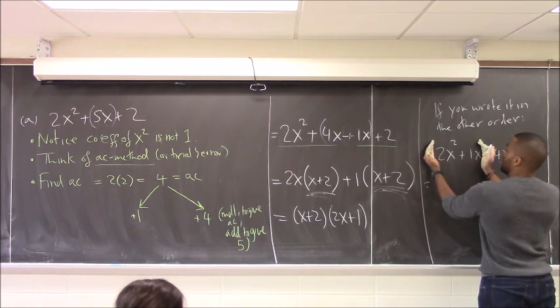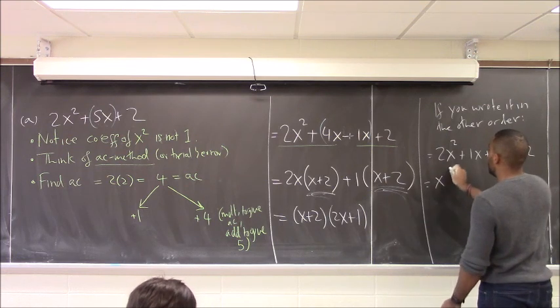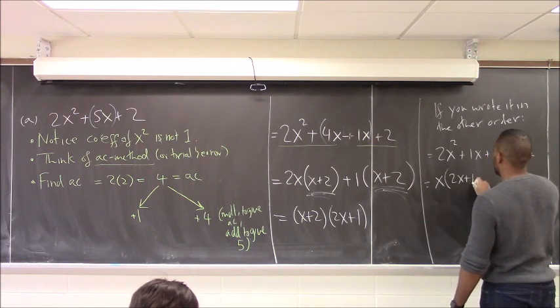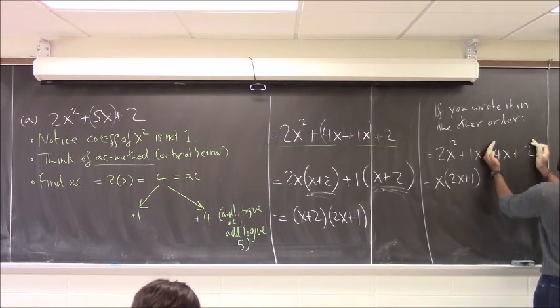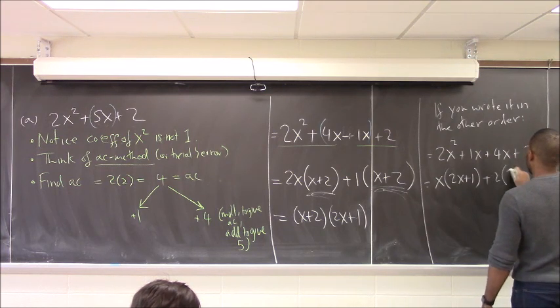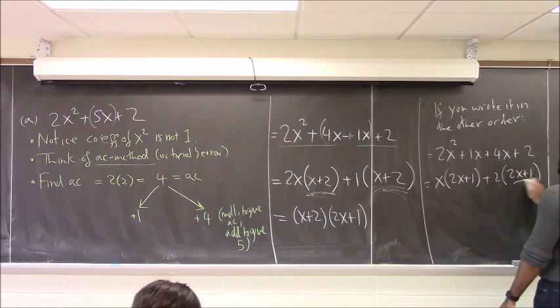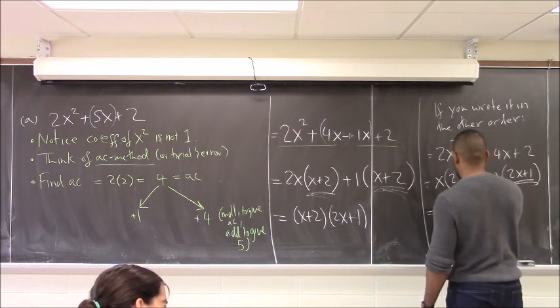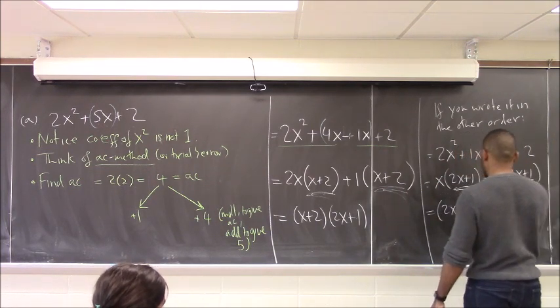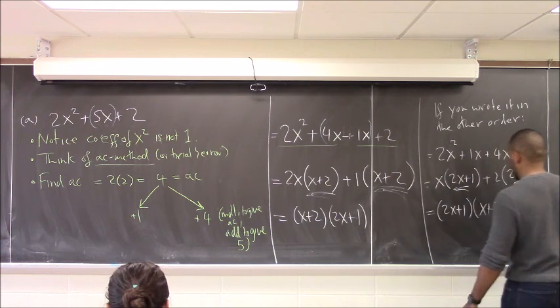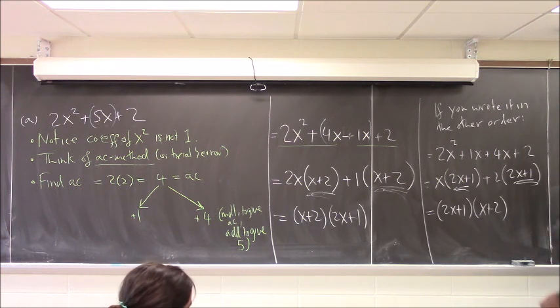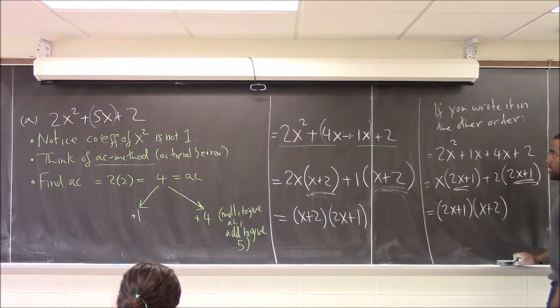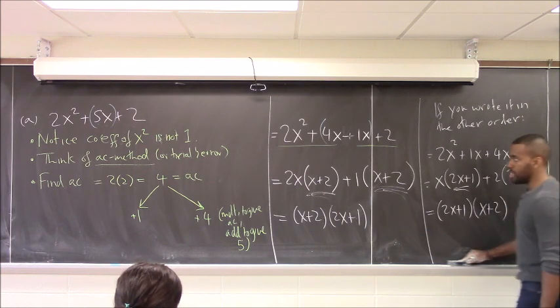Common term here, x, you'd be left over with 2x plus 1. Common term here, 2. You'd be left over with 2x plus 1. You still create the GCF, 2x plus 1. Factor that out. It still factors. So this method is called the AC method.